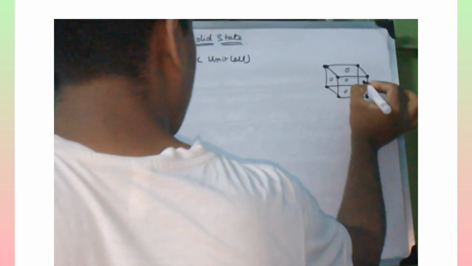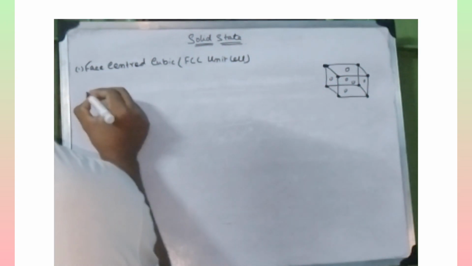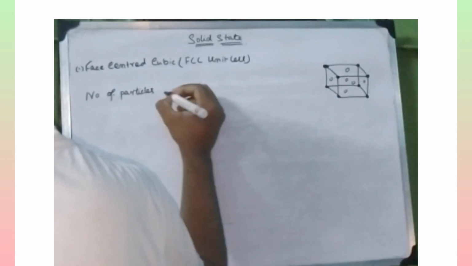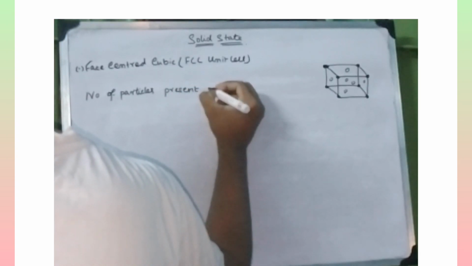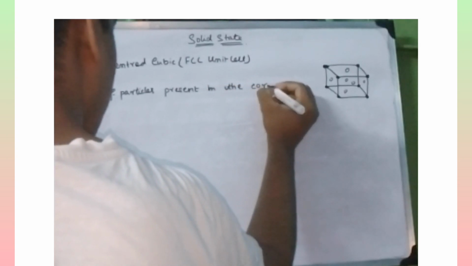In a face centered cubic system, the cubic unit cell consists of atoms at the center of each of the 6 faces and one atom at each of the 8 corners of the cube. Each corner atom is shared equally by 8 unit cells, thus contributing 1/8 to the unit cell.